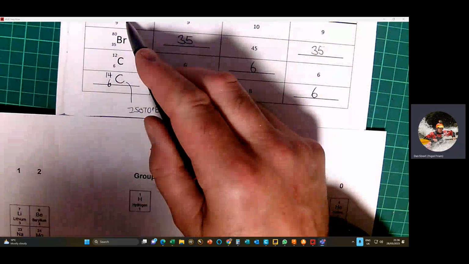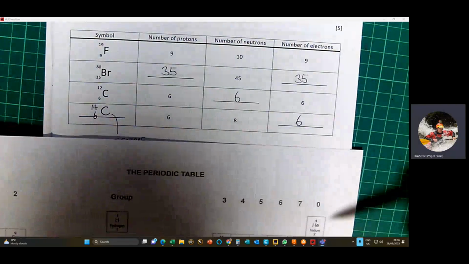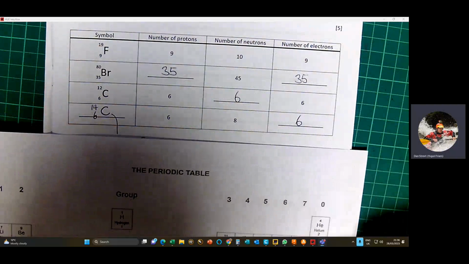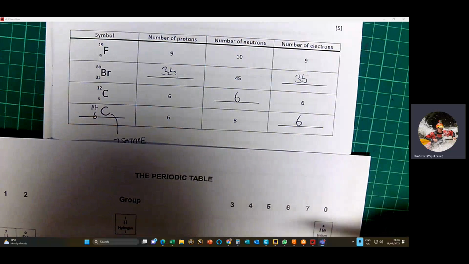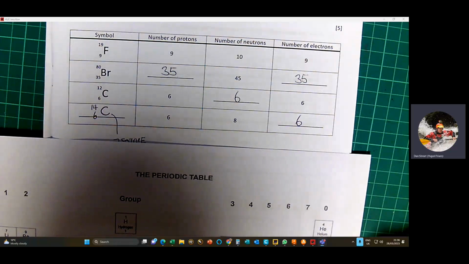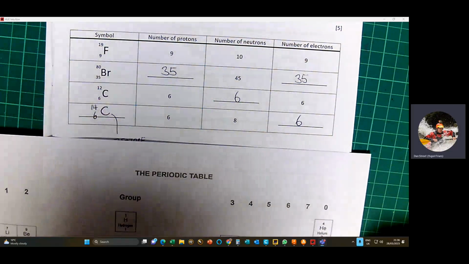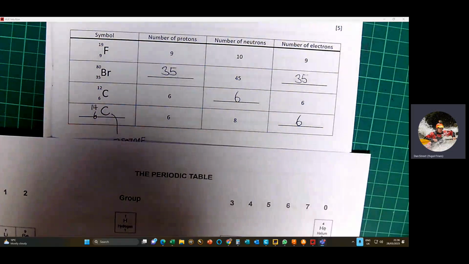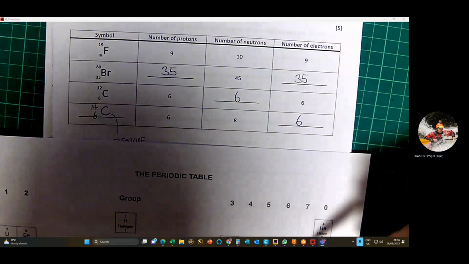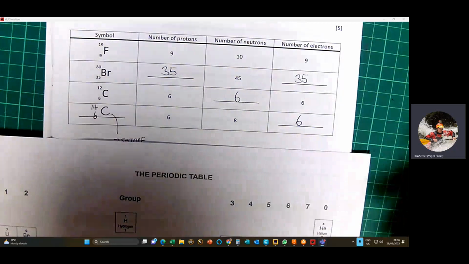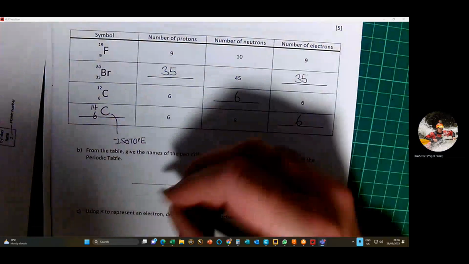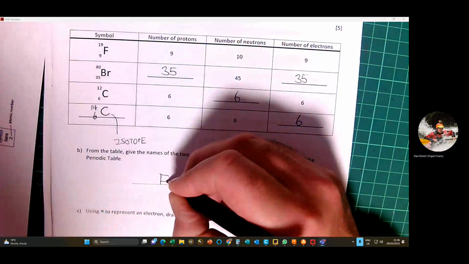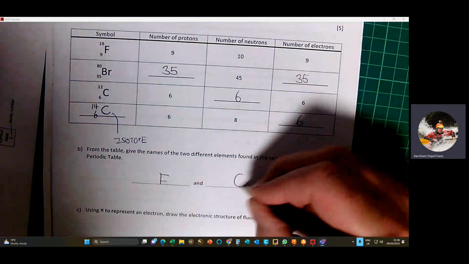We've got fluorine as the first option, and we need to find, is there anything else in the same row as fluorine that appears on our table? Carbon does. In fact, they are the only ones, because bromine is in a different period. So 2 elements in the same period are fluorine and carbon.